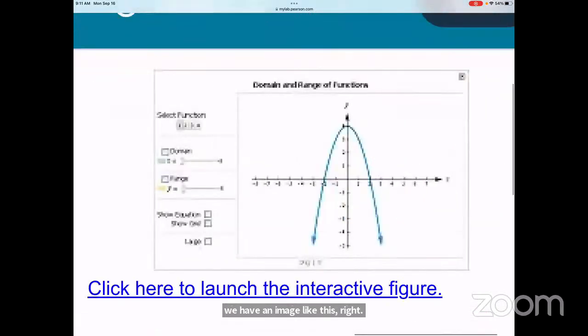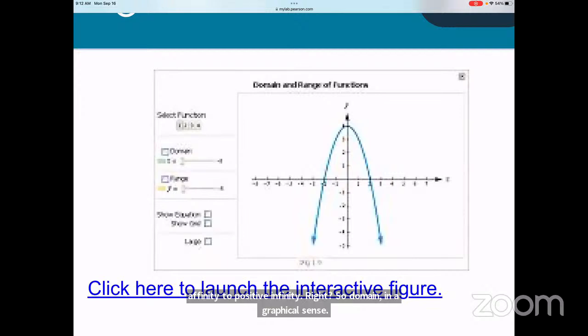And I want to say that for a generic parabola, the domain is always the same. Anybody tell me the domain of this? Negative infinity to positive infinity, right? So domain, in a graphical sense, you can take that as: if you were to take this image and smush it onto the x-axis, what x values would it touch?